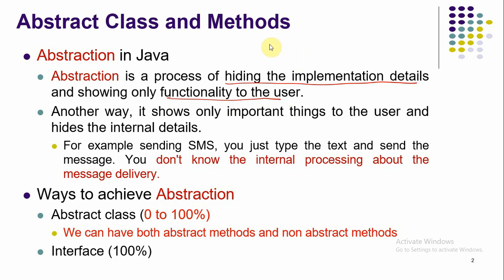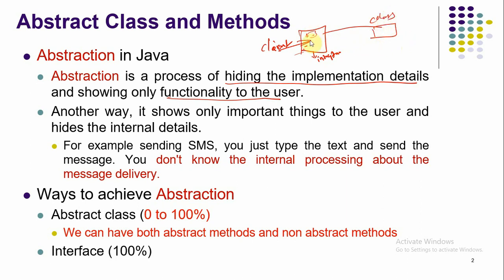Abstraction is like, for example, a customer using a software. We give one interface and the functionality, so the client can interact. The detailed logic implementation will be done in some other class or in some other component.